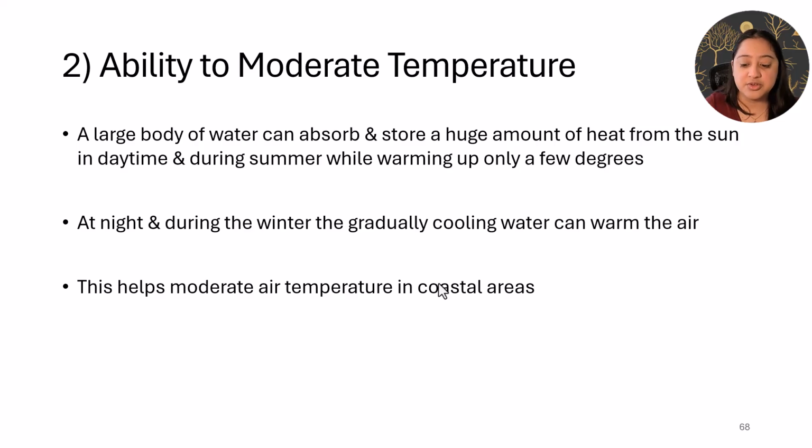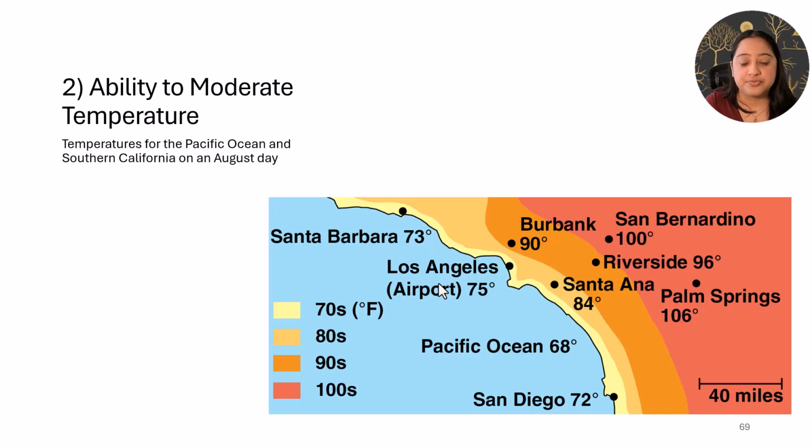So for example, you don't usually see it snow on the beach, right? Because the water is helping release energy and keep the ambient temperature from getting too low. So here's a picture showing that. These are temperatures on an August day here in Southern California.